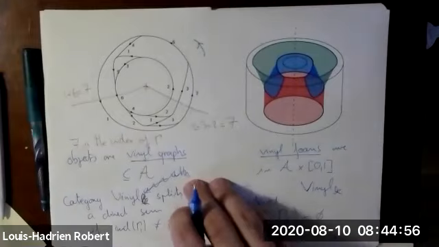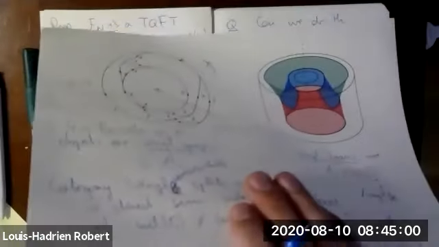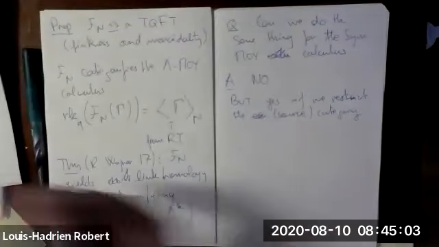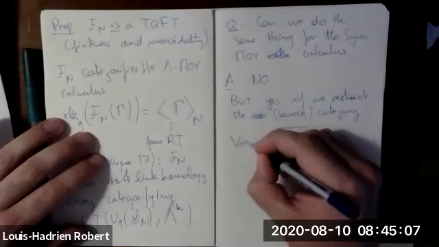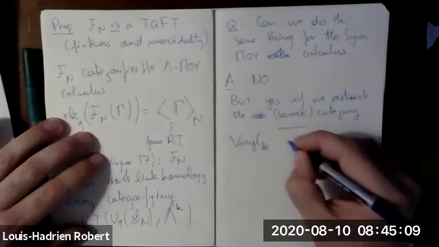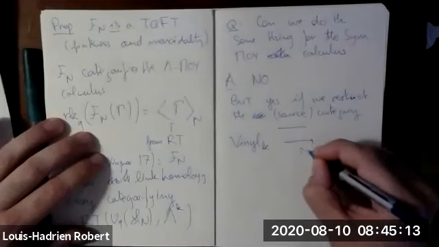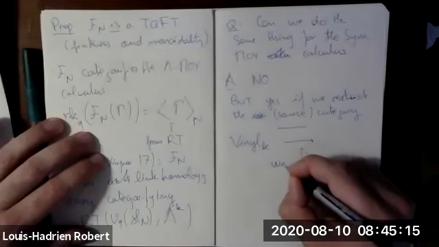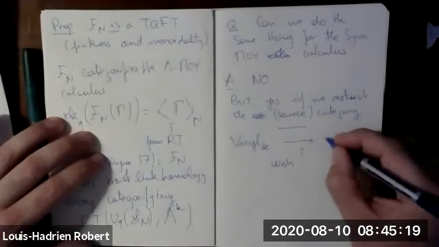So now we wish to construct a functor from Vinyl_K to the category of QUACKS.